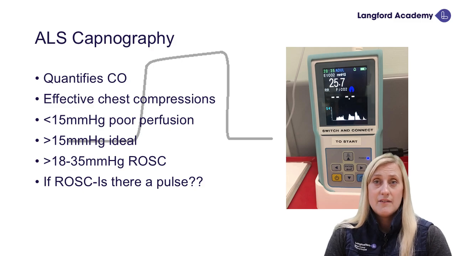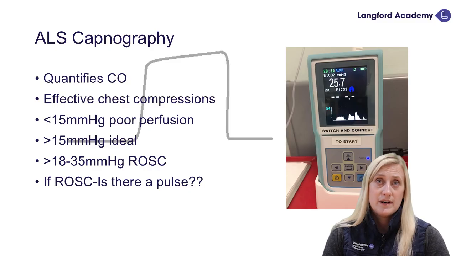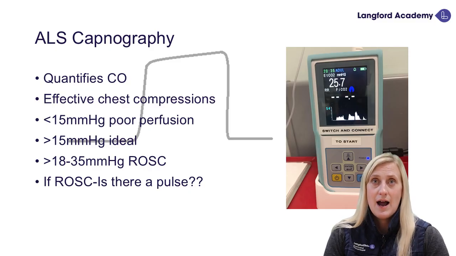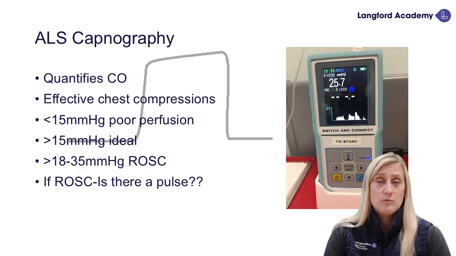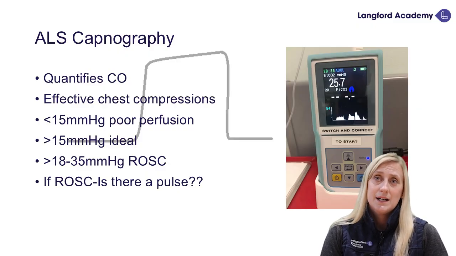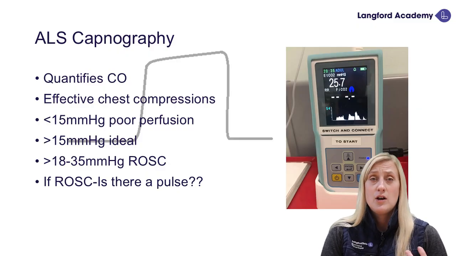So also included in our advanced life support, as we said earlier, is capnography. This basically helps us quantify how good our chest compressions are, how well we are doing our effective chest compressions. And again, we're feeling pulse quality at the same time, but this is a very crude way of measuring it, whereas here we actually get a number.